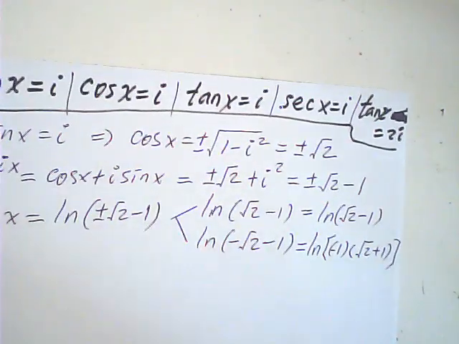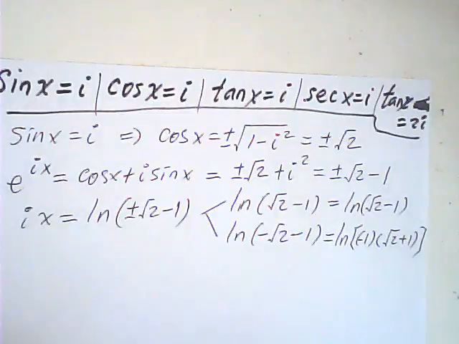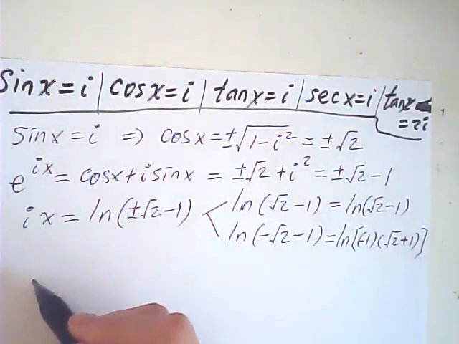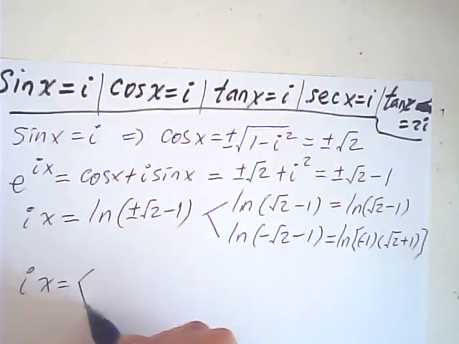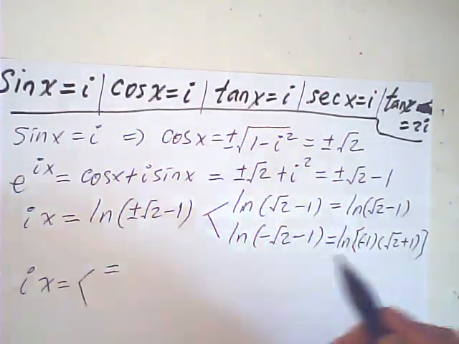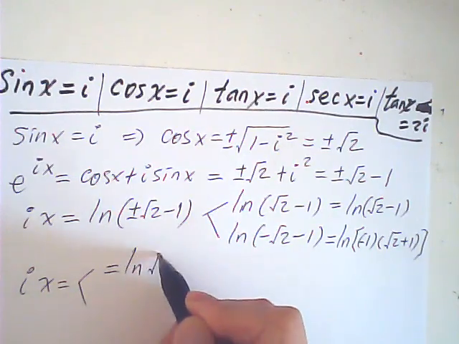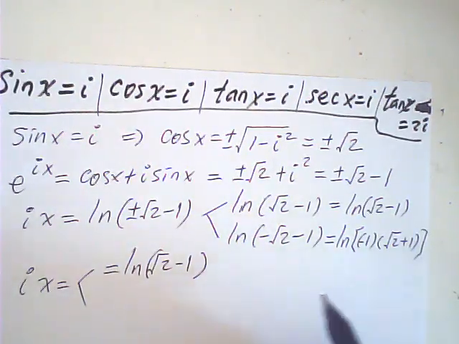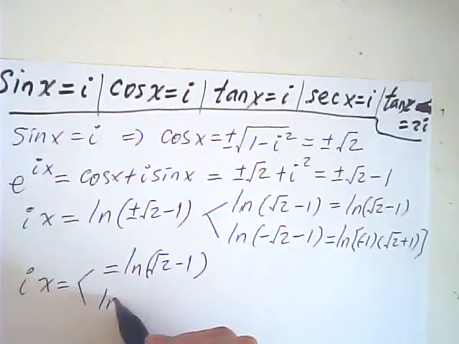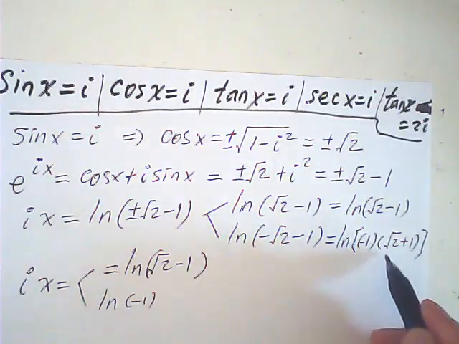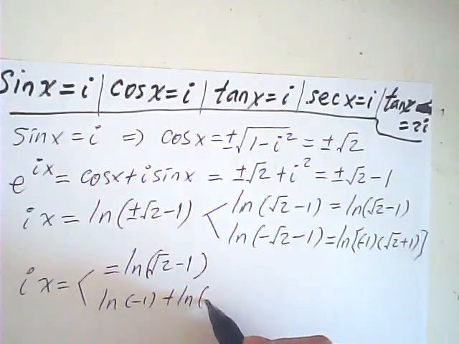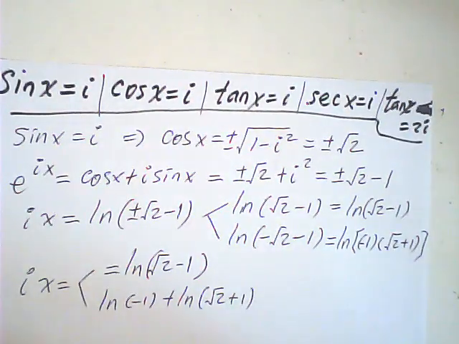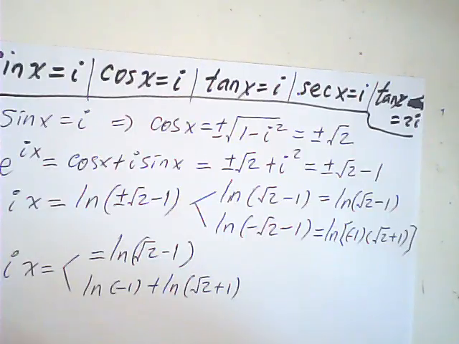We will discuss separately. That means ix is equal to, the first case is okay, natural log root 2 minus 1. Now the other is log negative 1 plus log root 2 plus 1, isn't it?